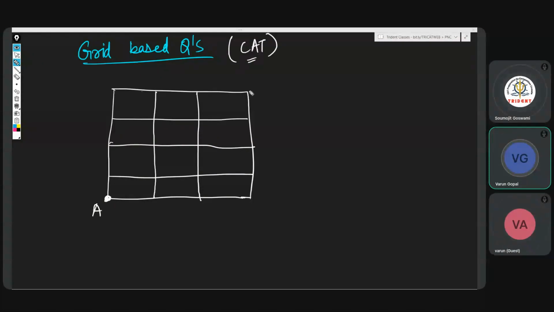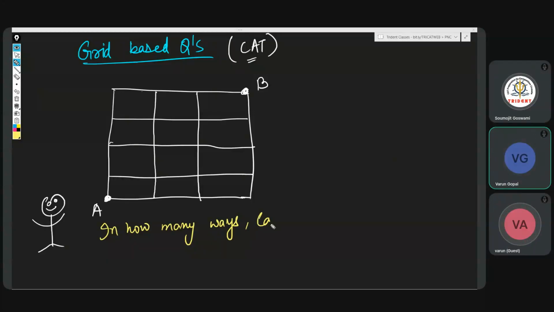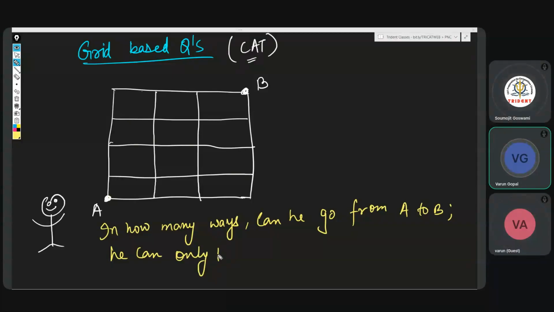And A, B. Okay. There is a person. The question is, in how many ways can he go from A to B, provided he can only travel horizontally rightwards and vertically upwards.